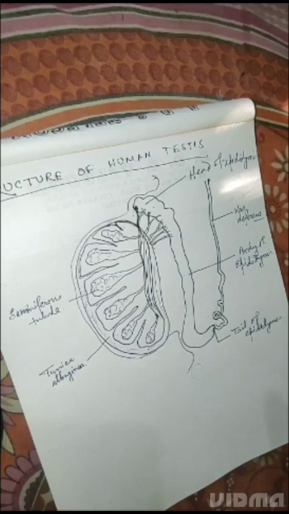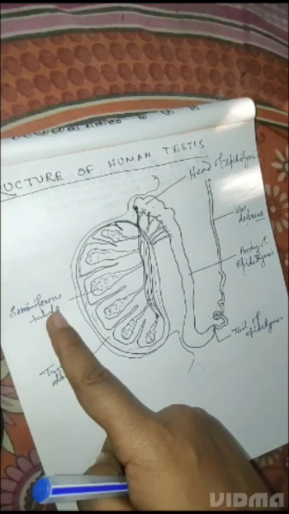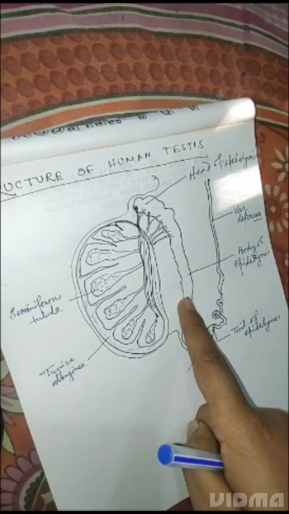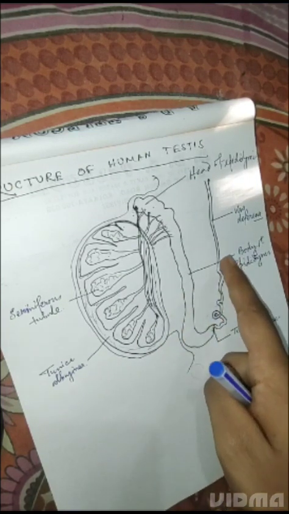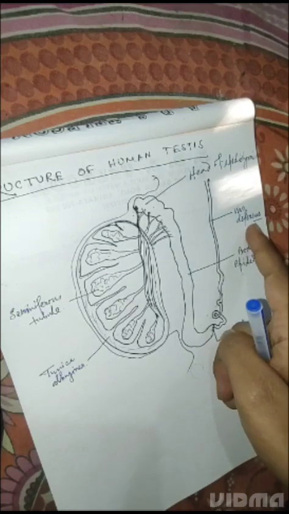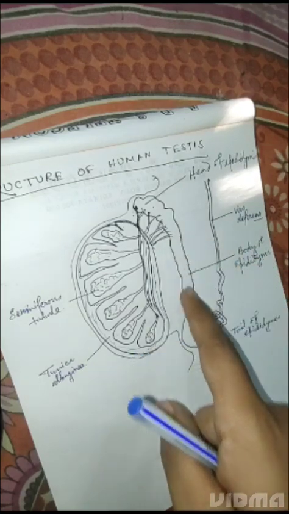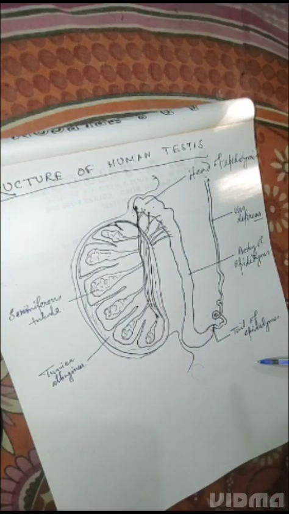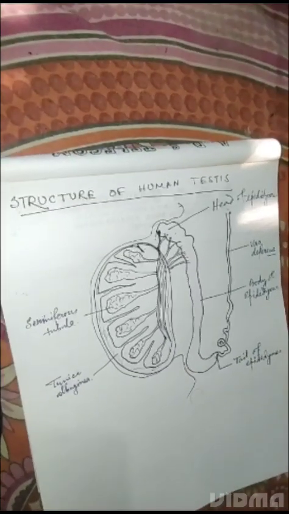From a vertical section, you just have to keep in mind four structures: the seminiferous tubule, the tunica albuginea, the epididymis part, and the vas deferens. And you can divide the epididymis into three parts: head region, body, and tail. It's quite a simple structure.